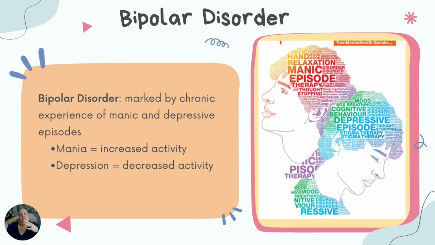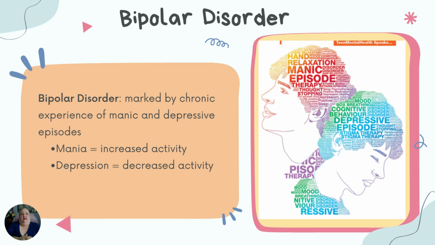So basically, your brain doesn't know how to regulate the chemicals in it. So you'll get episodes of extreme activity, and then you'll have episodes of extreme depression. So when we're talking about the manic episodes or the increased activity, you're talking about increased productivity without necessarily finishing something.